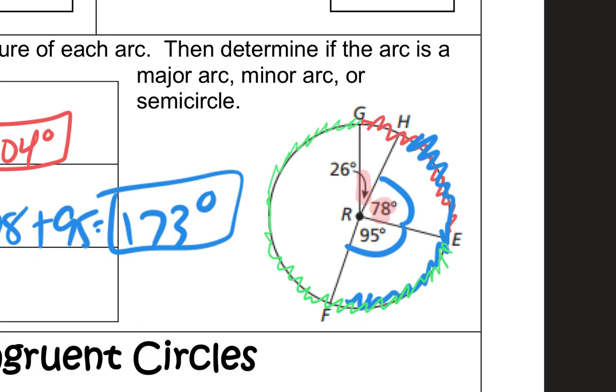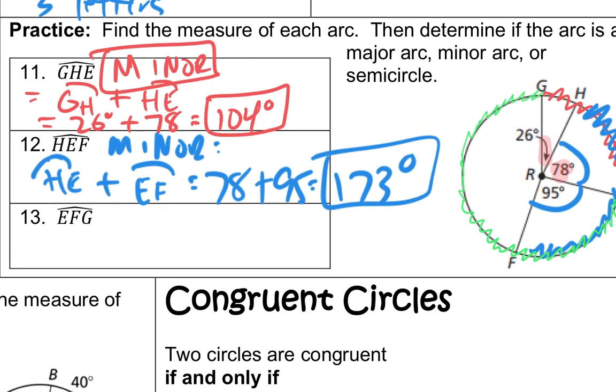So let's figure that out. That's going to be equal to 360 degrees minus this part right here. If we subtract out GHE, which we said was 104, that has to be what's left.